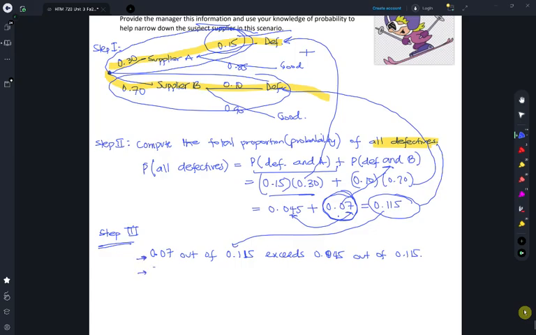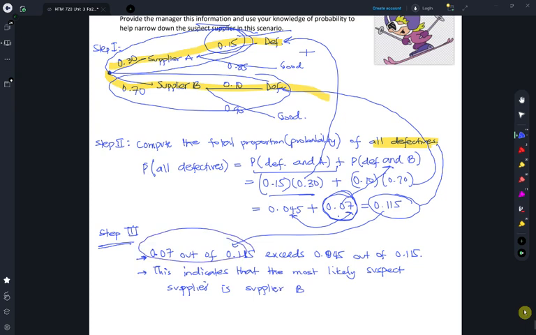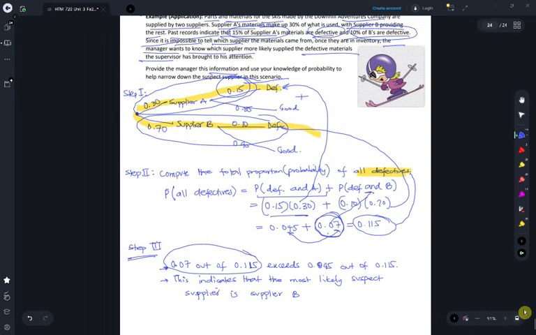This indicates that the most likely suspect supplier is supplier B, with a higher proportion of defectives. In this way, we have been able to help narrow down the most likely suspect, considering previous or prior information.